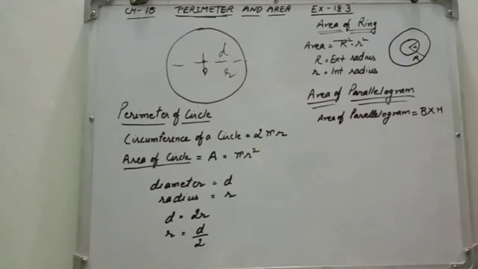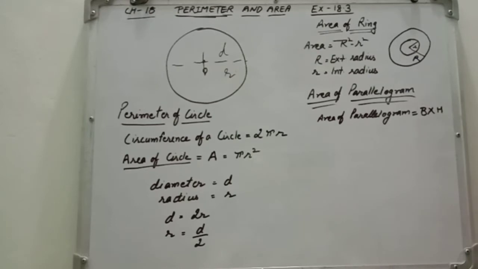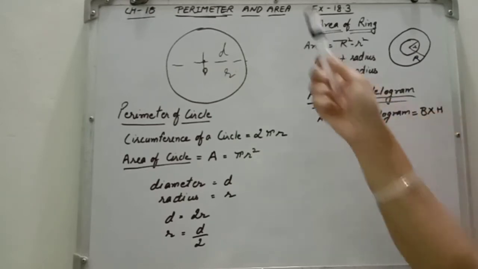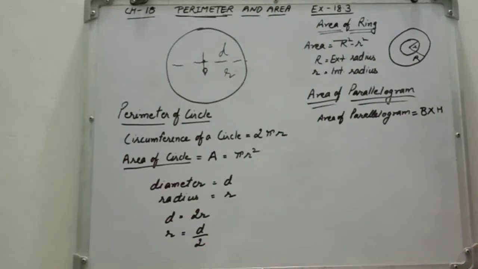Now today we learn the perimeter of a circle. The distance around the edge of the circle is called the circumference of the circle. The perimeter of the circle is also called the circumference.